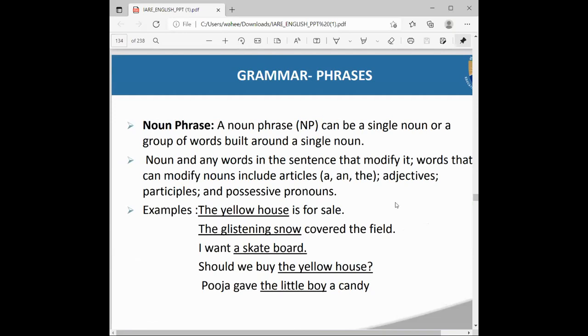A noun phrase can be a single noun or a group of words built around a single noun: the noun and any other words in the sentence that modify it. Words that can modify nouns include articles a and the, adjectives, participles, and possessive pronouns. The yellow house is for sale.